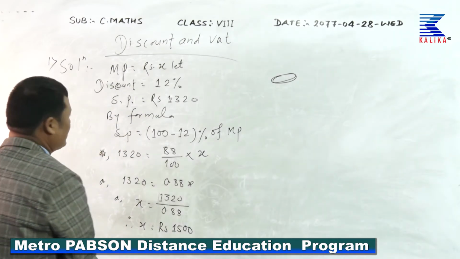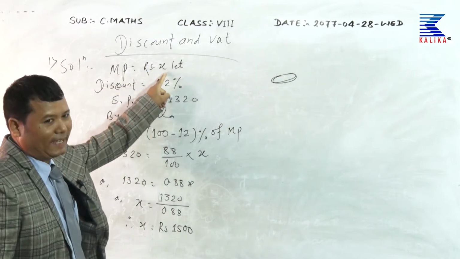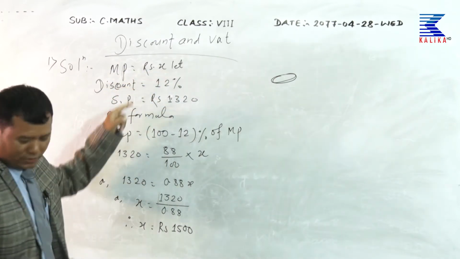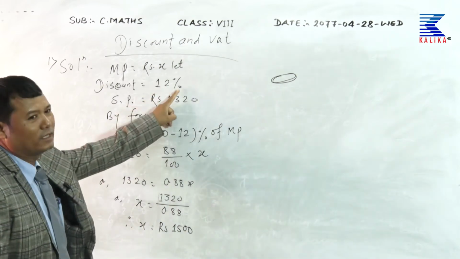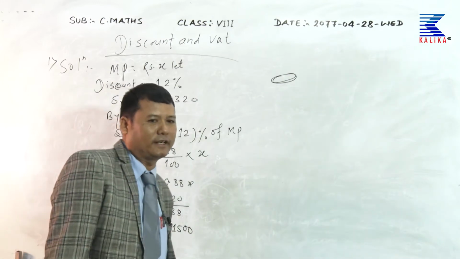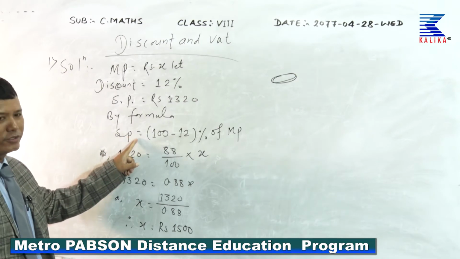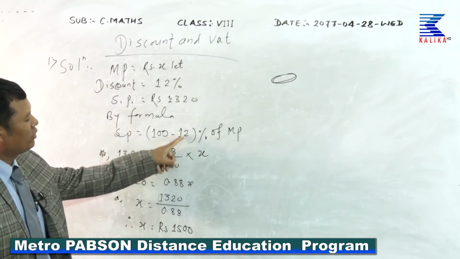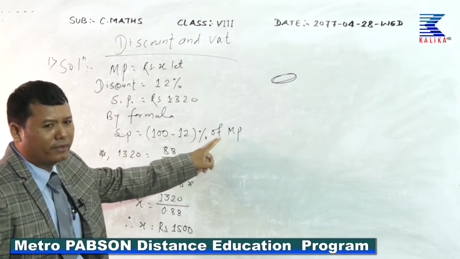Once more please. MP means Rs X, and discount is equal to 12%, and SP is equal to Rs 1320. By formula, SP is equal to 100 minus 12% of MP.